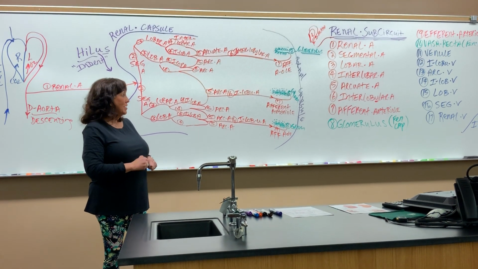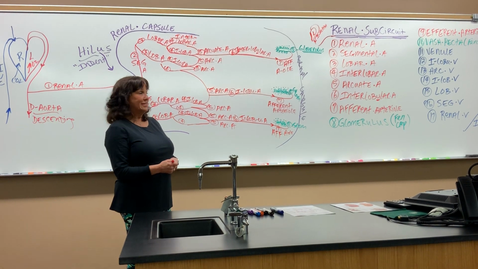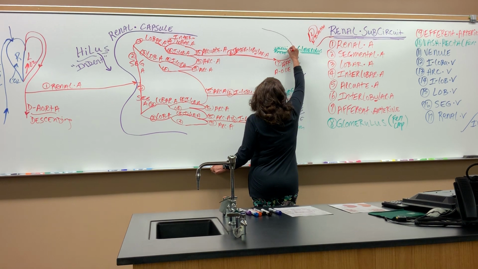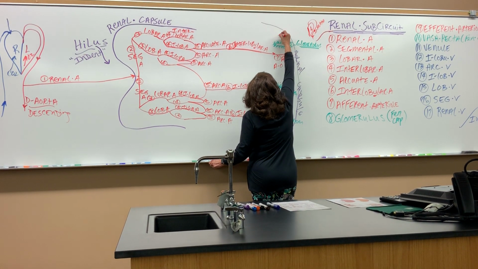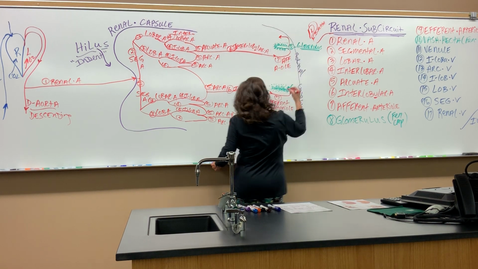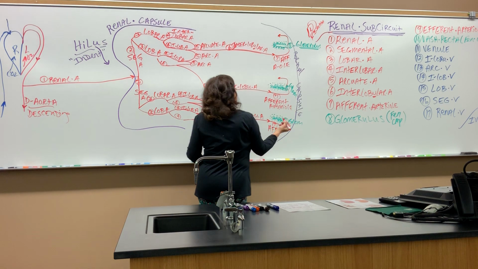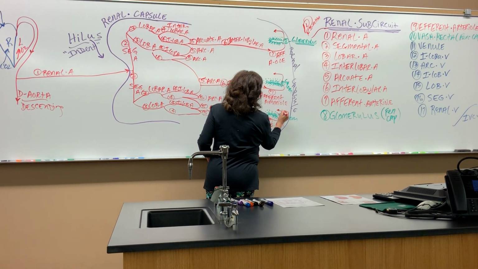So now, if you say afferent, you have to have an efferent, an exit one. And so off of this glomerulus, this capillary is going to turn into another tube that's going to turn and continue to go this way, like that. And so it's going to turn and go this way, like this. And so turn around like this.